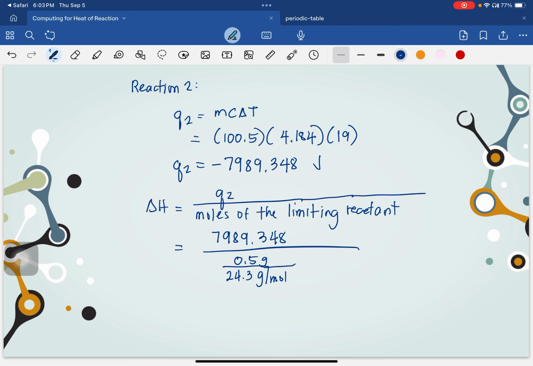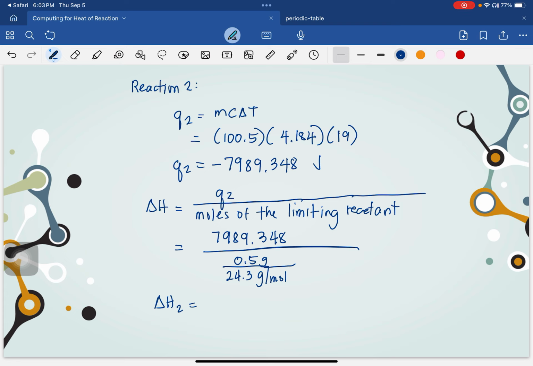Okay, and then all we have to do is again compute for the heat. So that's 7989.348 divided by 0.5 over 24.3.